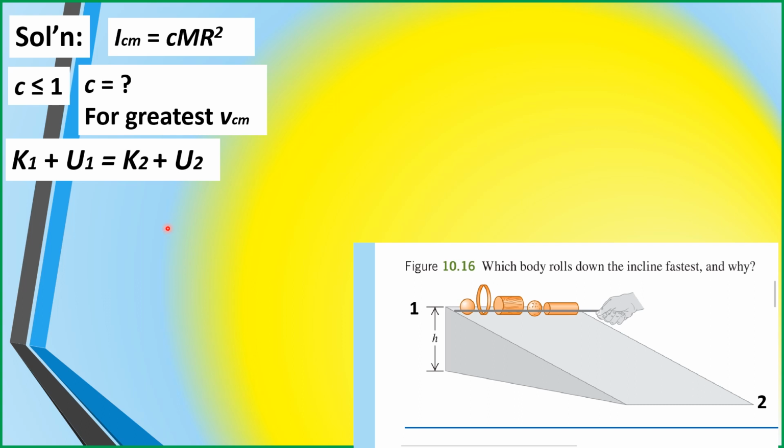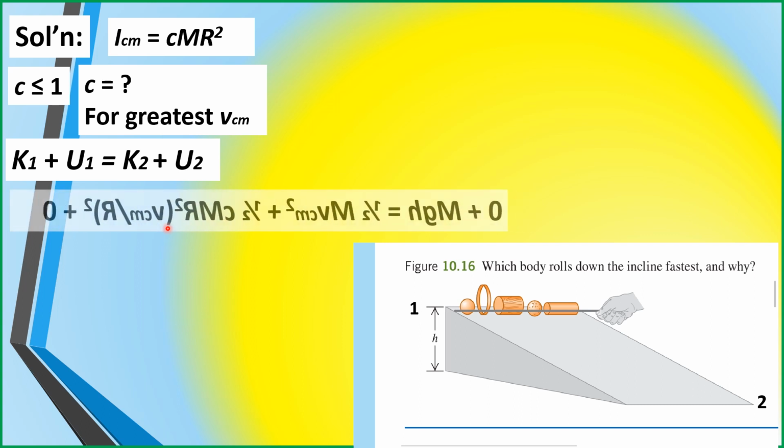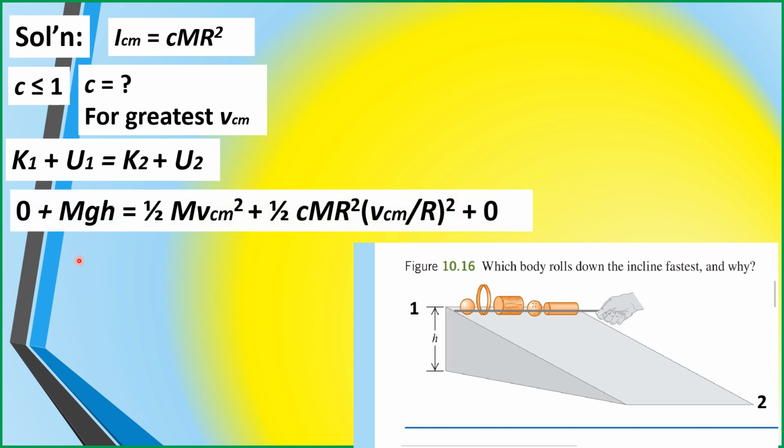Expressing each of these forms of energy, where kinetic energy at the start is 0, while the potential energy of each object is mgh.